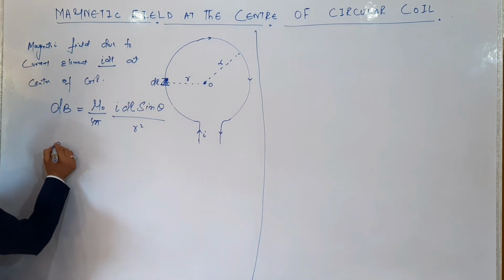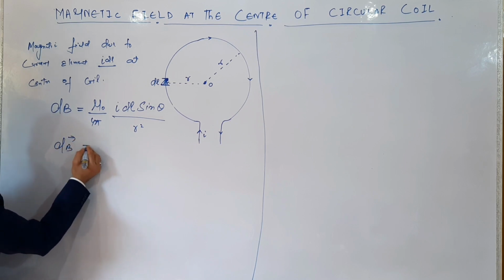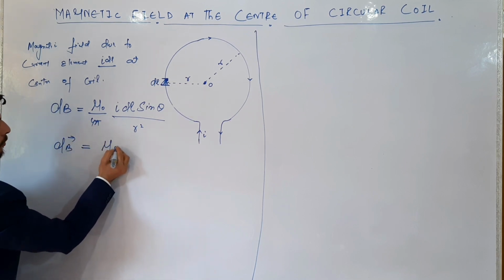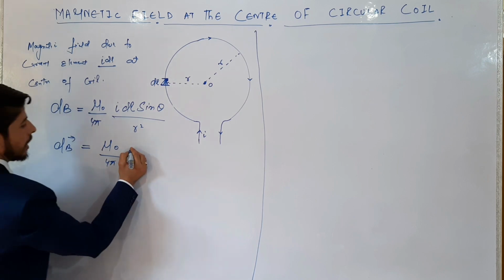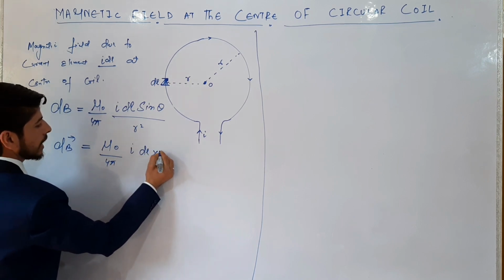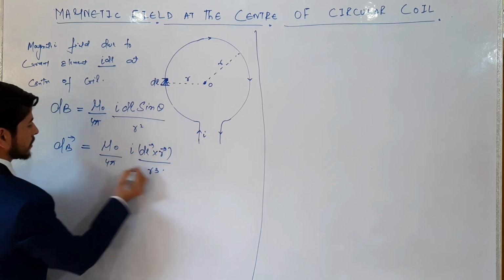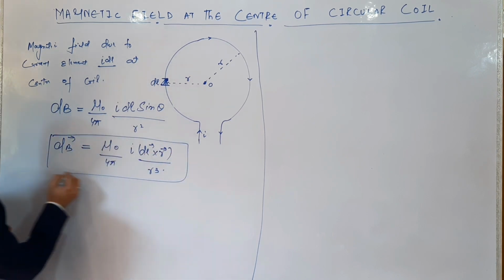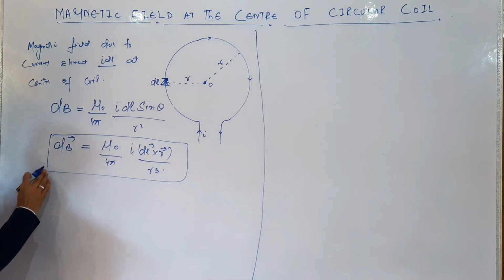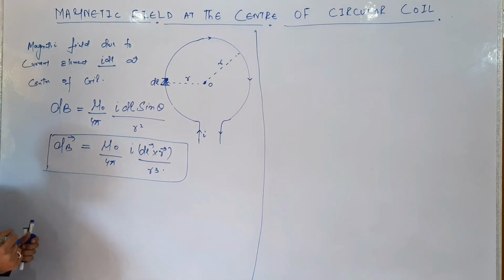You can also calculate using vector form. You can write this as mu naught upon 4 pi, I dl cross R upon R cube. We have seen in the previous sections how we can calculate this in vector form.